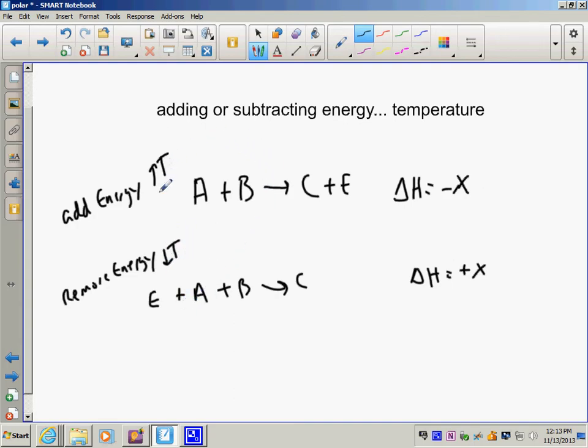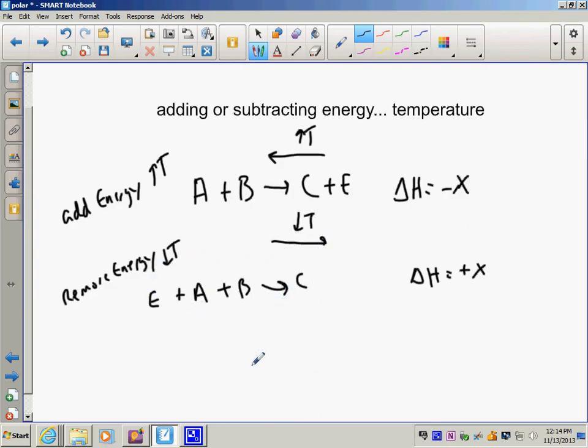Now, for this example, if I were to add energy or raise the temperature, it would shift in this direction. So if I increase the temperature, this is the way it shifts, away from the energy. If I were to lower the temperature, then it would shift in this direction. This guy would be just the opposite.